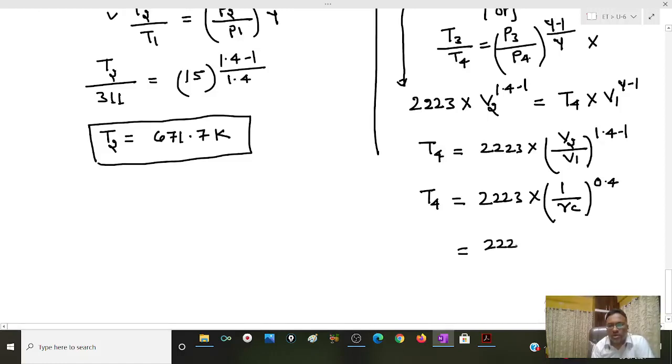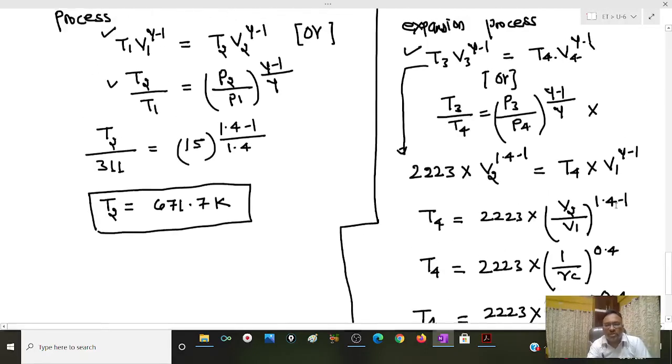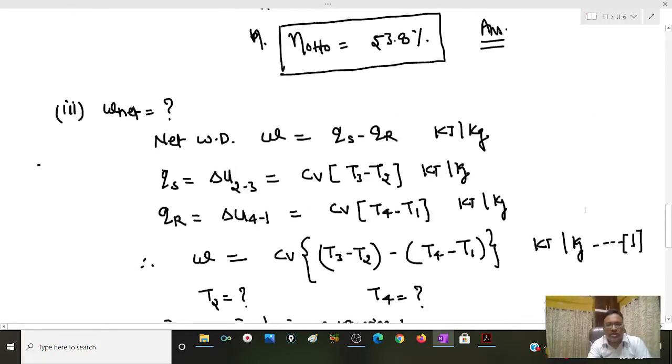Or 2223 into (1 over 6.9), where the compression ratio of 6.9 we have got from the calculation of part 1. So T4 comes out to be 1029 Kelvin. So now we have all the values of temperatures T1, T2, T3, T4.